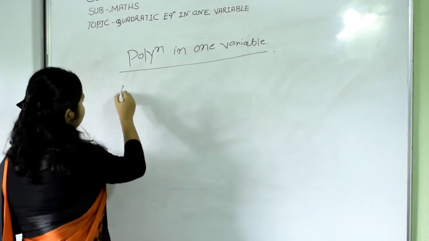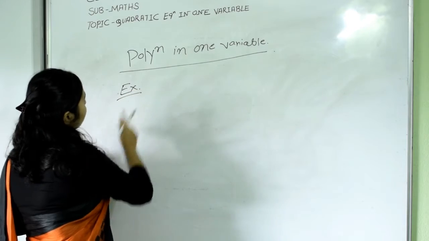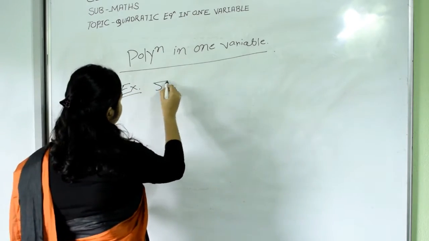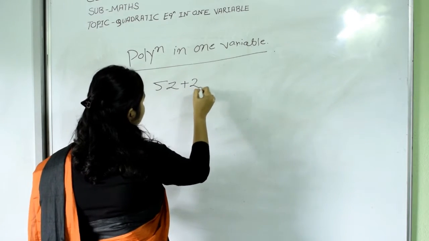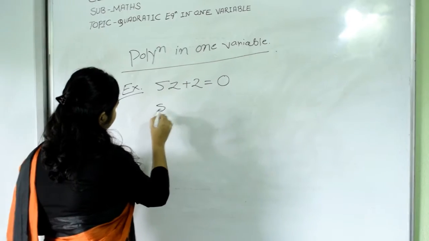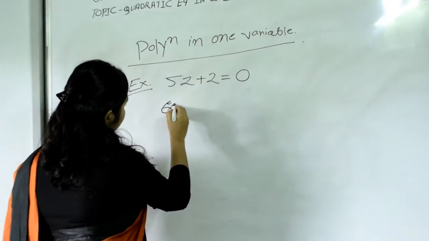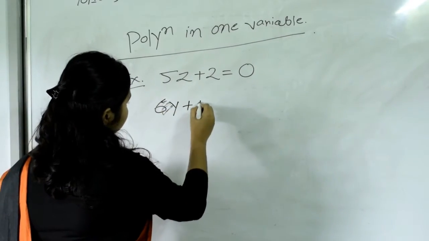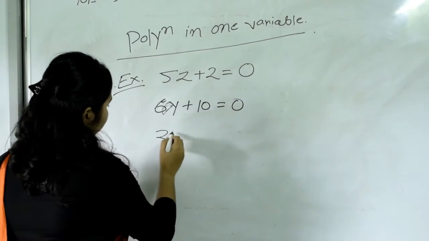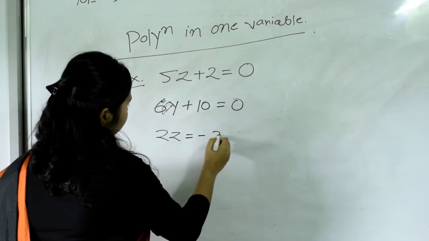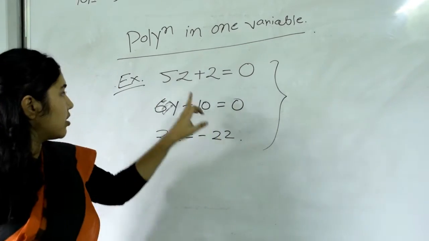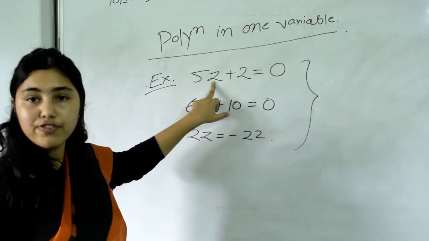Now some examples of polynomial in one variable are, suppose, 5z plus 2 is equal to 0, or suppose 6y plus 10 is equal to 0, or 2z is equal to minus 22. In all these equations, there is only one variable.